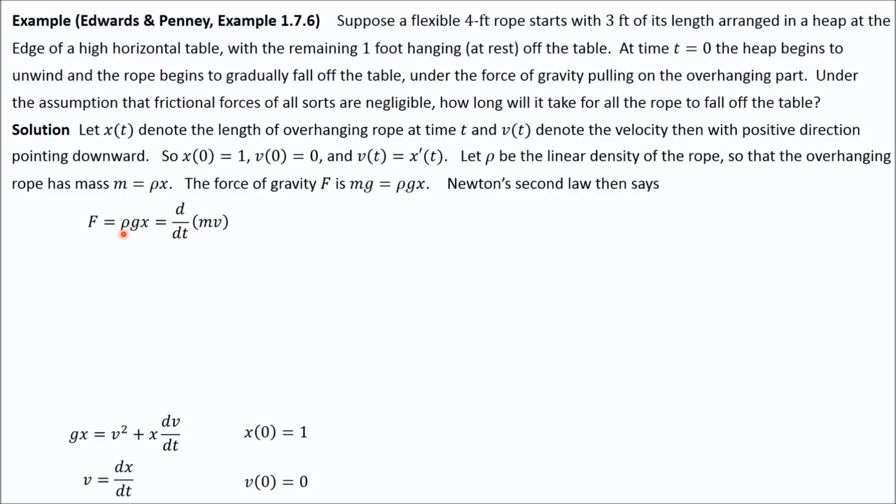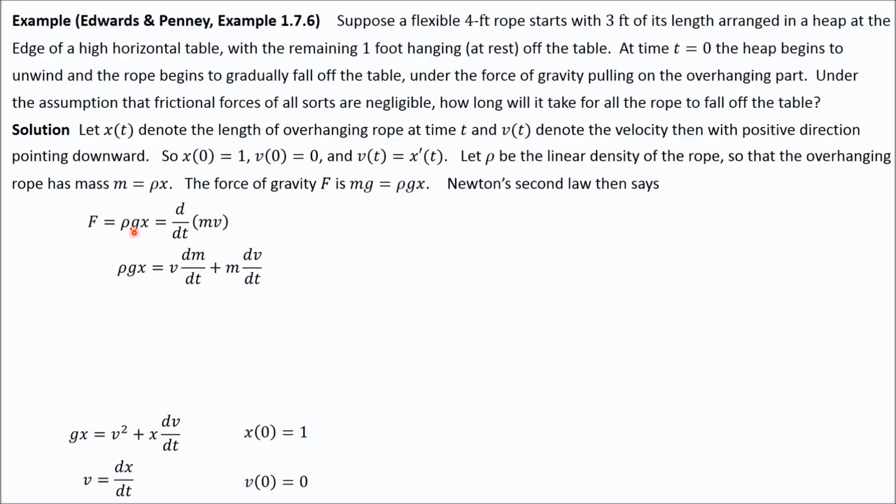Force equals the derivative of mv is a slightly more general equation that applies when mass is not constant. Notice that if mass is constant, you can take it out of the derivative and you're left with ma, because dv dt is a. But this is a more general equation for when the amount of mass we have is not constant, such as in the rocket problem and in this falling rope problem.